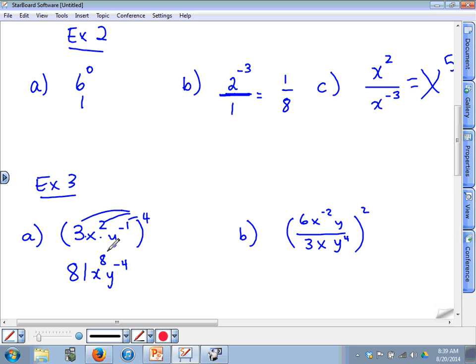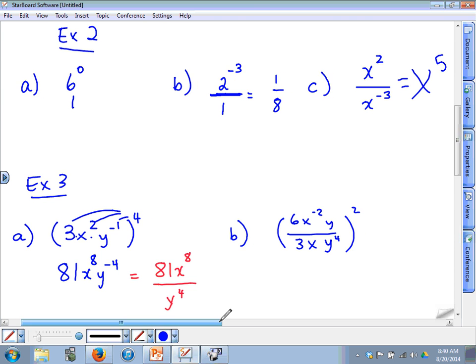It's like not simplifying a fraction. You just don't do it. So fully simplified is 81x to the 8th over y to the 4th. It has to hop the line, switch the sign to have a positive exponent. Okay, sorry, I know I'm going super quick, but you guys are okay. You can keep up.